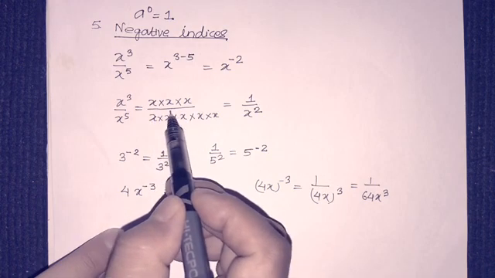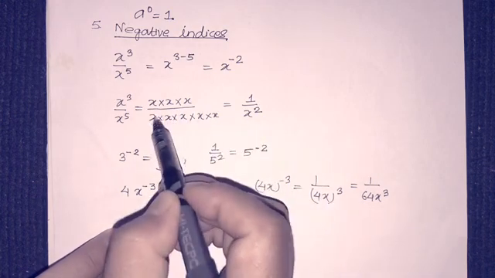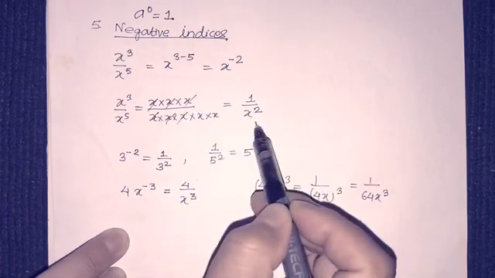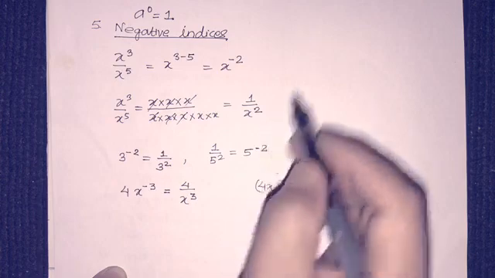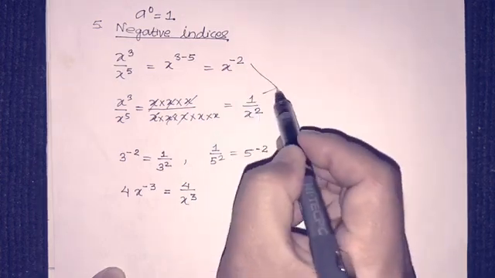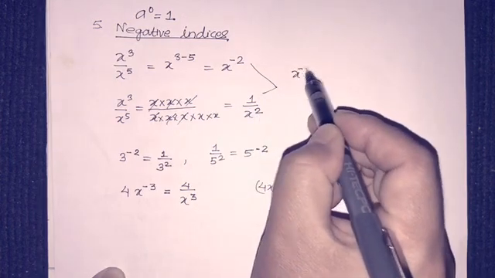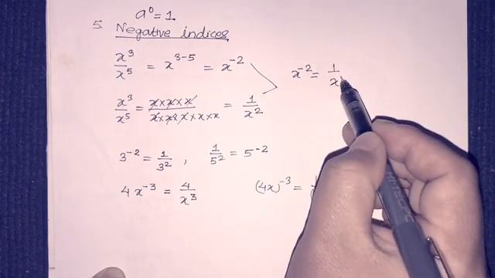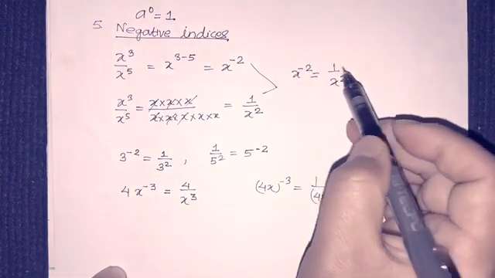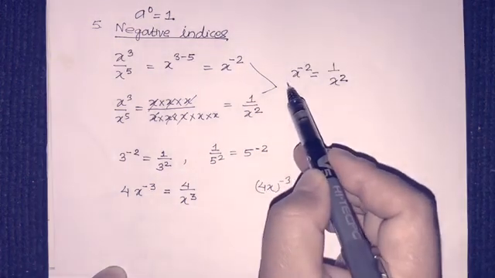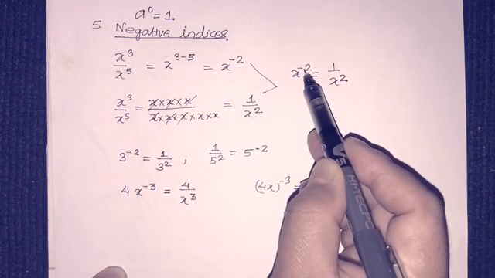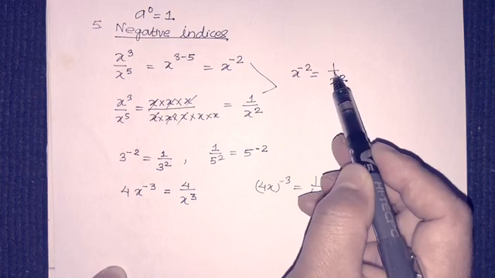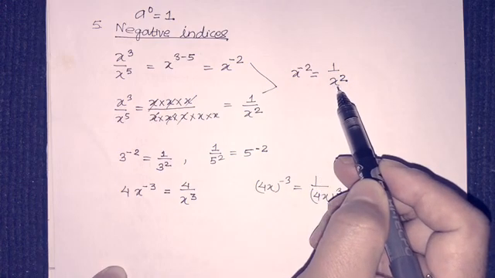Okay, by the knowledge of fractions, we get all 3 cancel and 1 and x square. So here you see, from both of these it gives us 1 by x square. Okay, so x to the negative 2 equals 1 divided by x square.